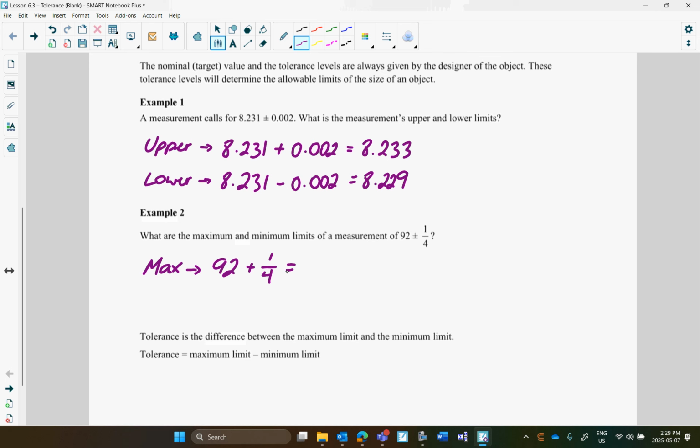You can change that to decimal if you want to, 0.25, or it's just 92 and a quarter. Minimum is going to be 92 minus a quarter. And again, you could change it to decimal. 92 minus 0.25 is 91.75, or as a fraction, it would be 91 3/4. Okay, but the decimal equivalents are more useful than this.